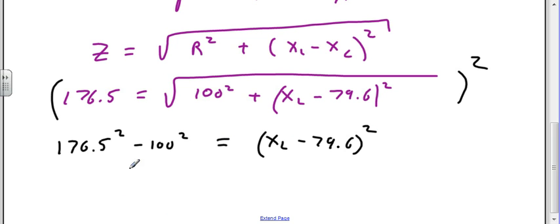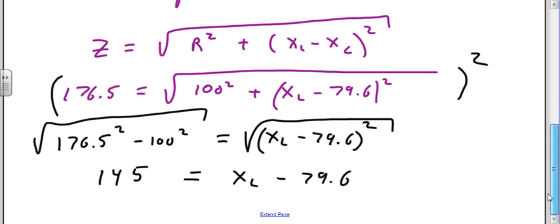Now I'm going to find this number: 176.5 squared minus 100 squared equals, and I'm going to take the square root of it, and I get 145 is equal to X L minus 79.6. So I'm taking the square root of both sides of that equation.